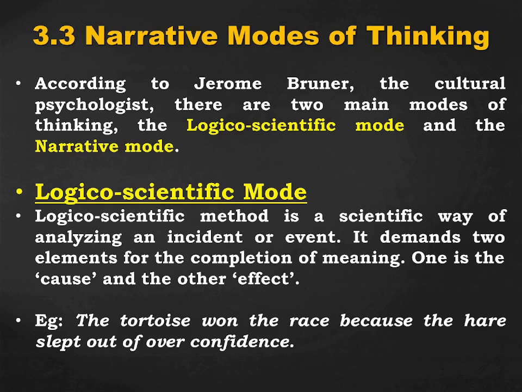So the tortoise and the hare, they made a race, and in the race, the tortoise moved very slowly but steadily. But the hare, on the other hand, ran fast, and since it was rather overconfident, it took rest and finally fell asleep. And the tortoise slowly and steadily won the race.